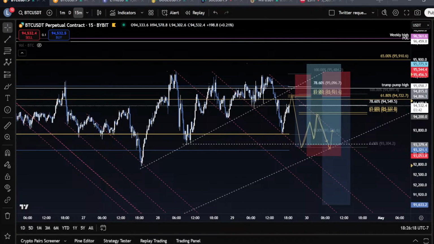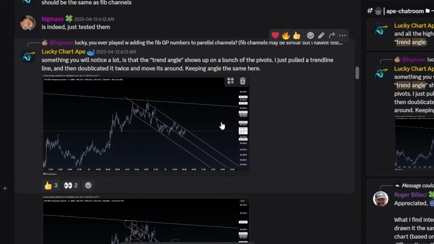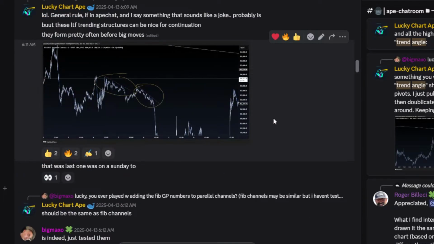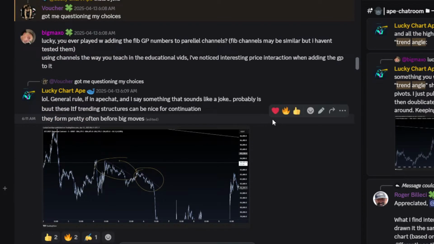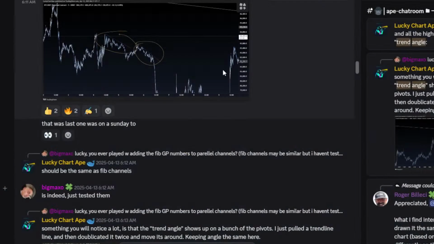Let me go to here. I'll share one example. I don't talk about these kind of hidden trends that often, but I'll give another example of me talking about it in just the Discord chat some time ago, which is these trending moves are quite nice for continuation on the lower time frames.